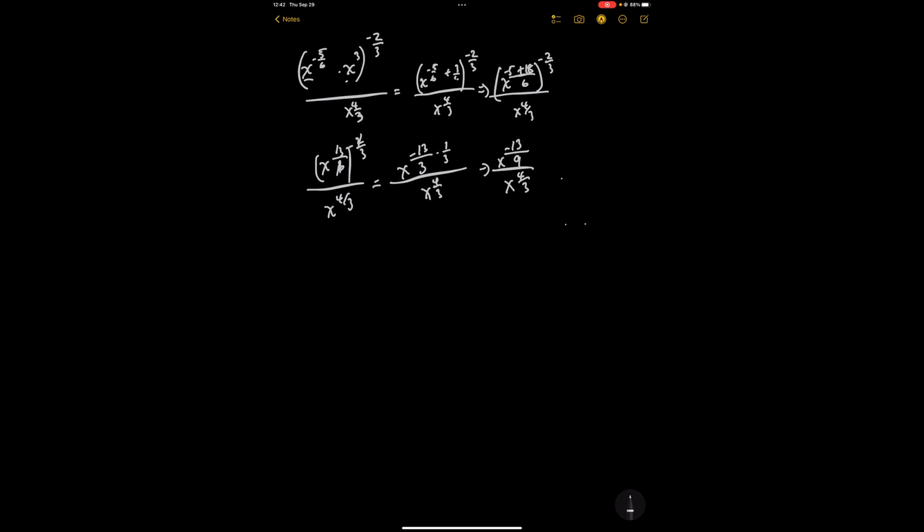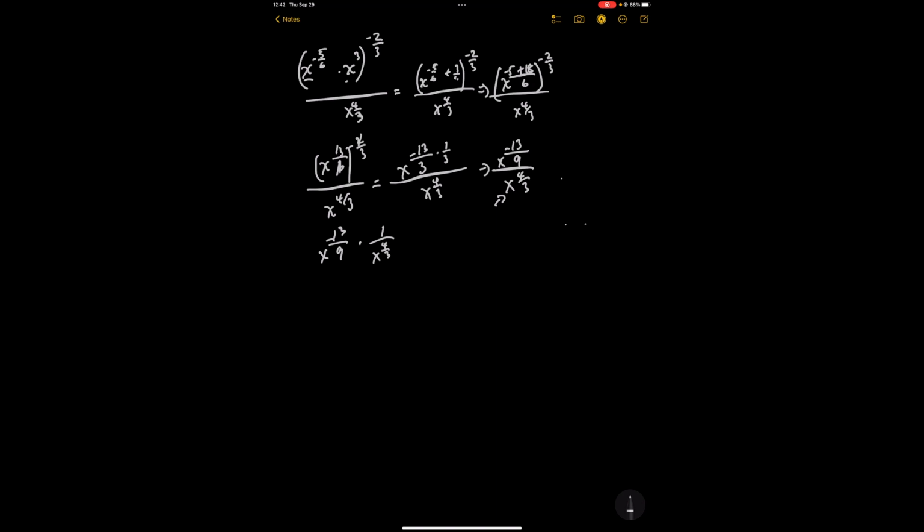Now, are we done? Somewhat. Not yet. We have that in the bottom, and you want to simplify it as much as possible. So what we're going to do is the inverse of the bottom part. I'm going to rewrite the top part as it is, and because it's a division, I'm basically multiplying this times 1 over x to the 4/3.